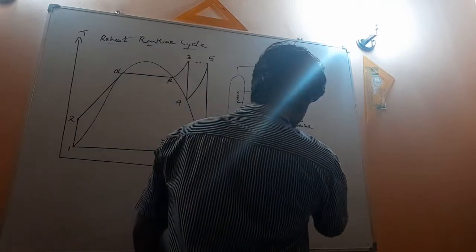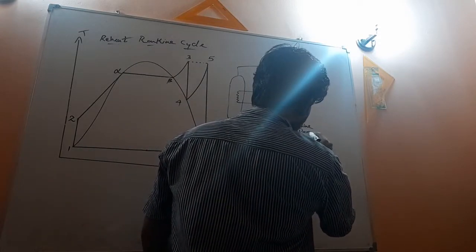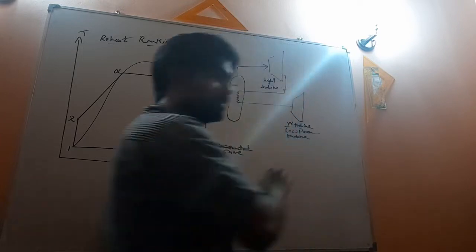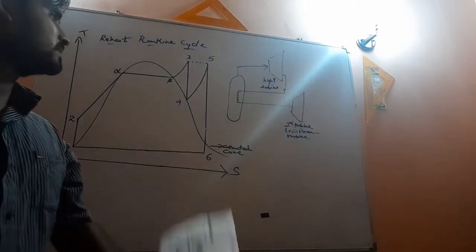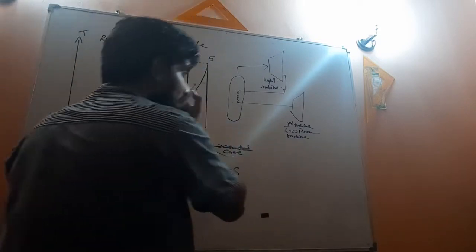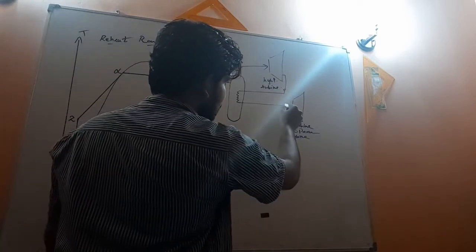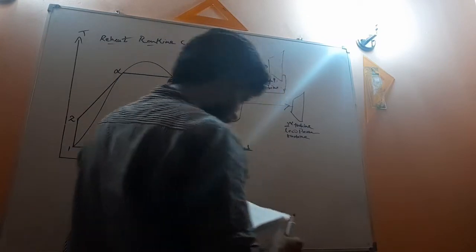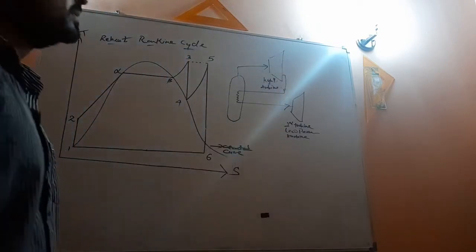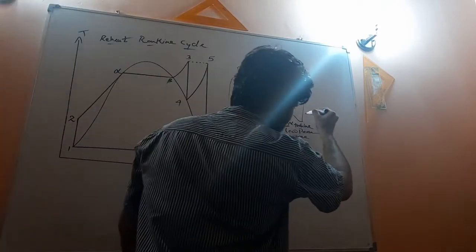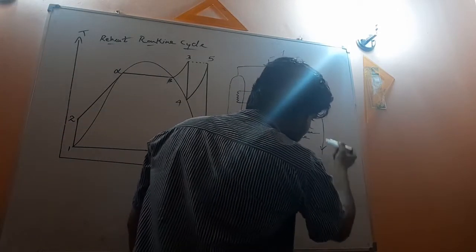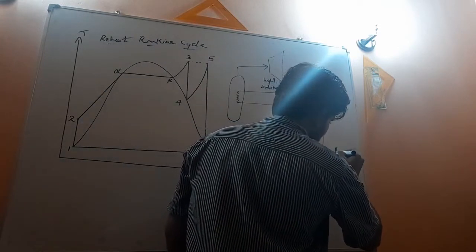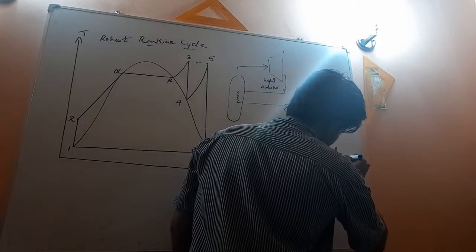Why is this a low pressure turbine? Because this is operating at low pressure. It is reheated and given to the second turbine. Then after this turbine also we have the output, the final output.